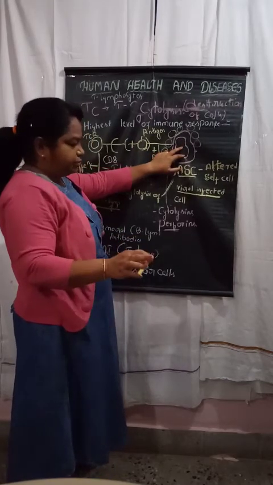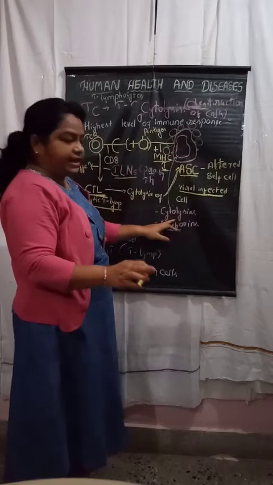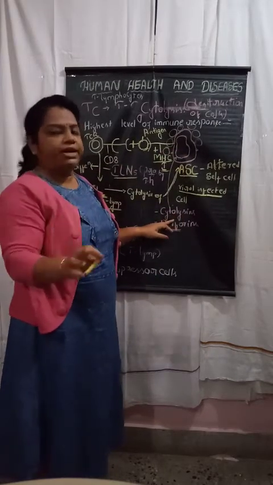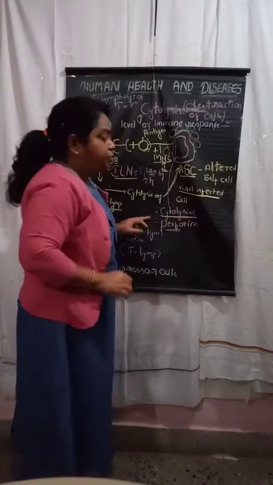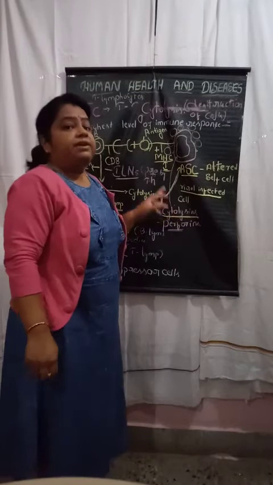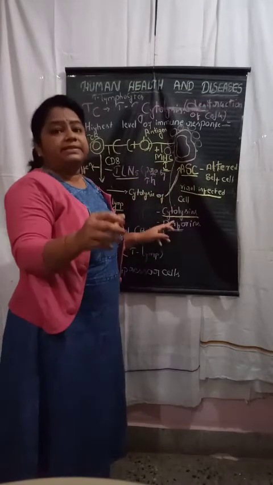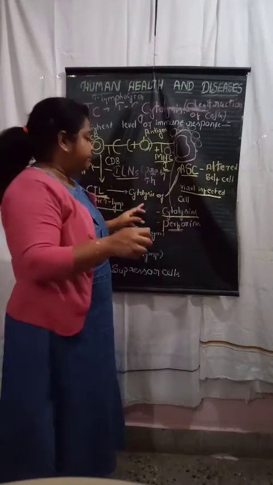Cytolysis, that is the breakdown and destruction of the cells, with the help of very important enzymes which we will call cytolysins. It is a very powerful enzyme which is gifted in our body.